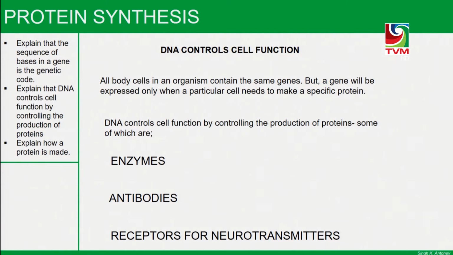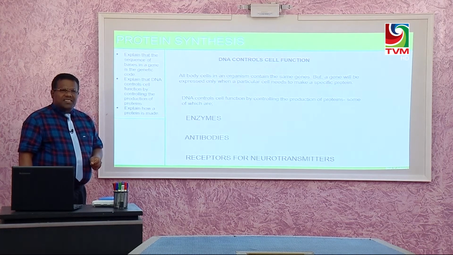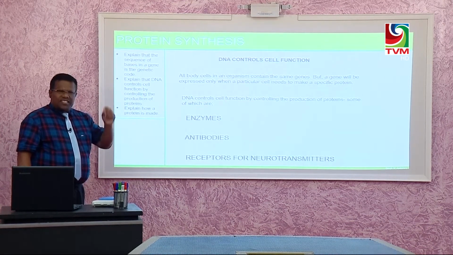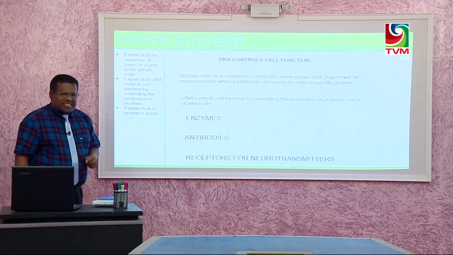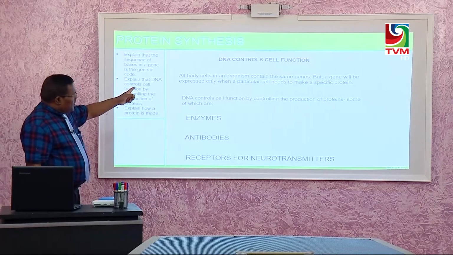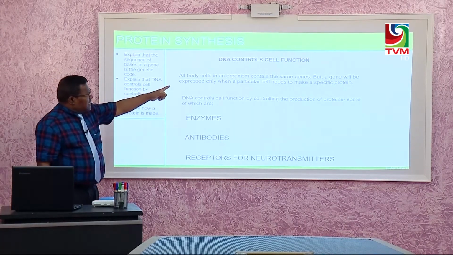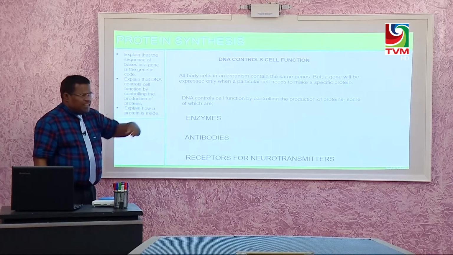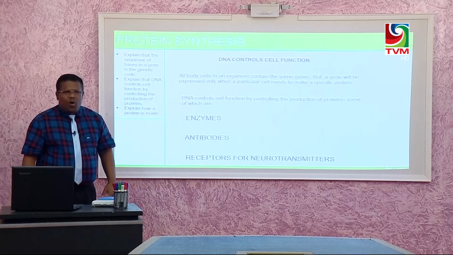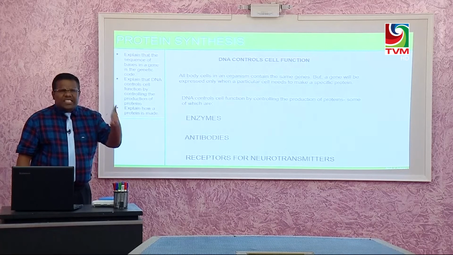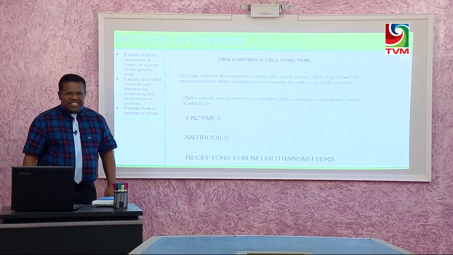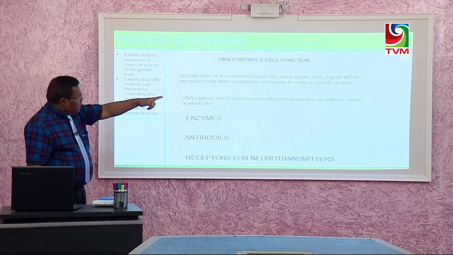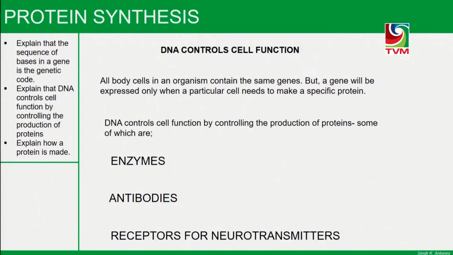Genes are found along the chromosomes, and 46 chromosomes will be there in all the cells. That doesn't mean that all these genes are going to be expressed in all the cells, but a gene will be expressed only when a particular cell needs to make a specific protein.